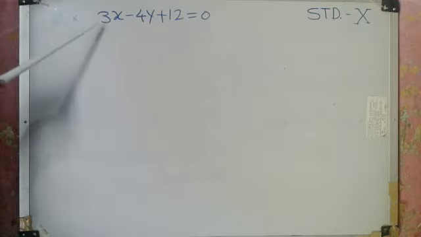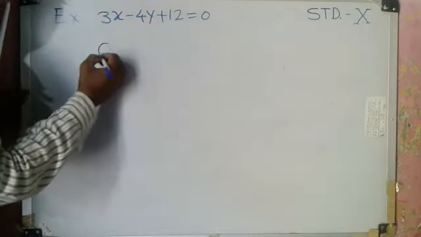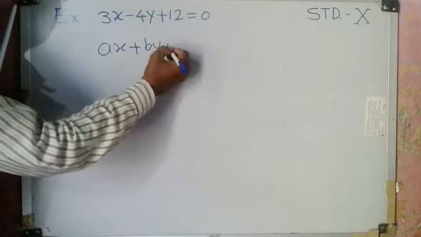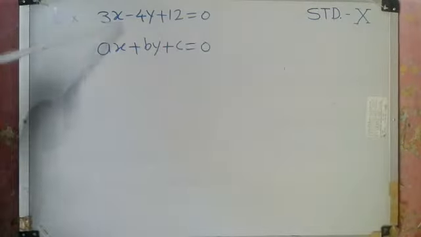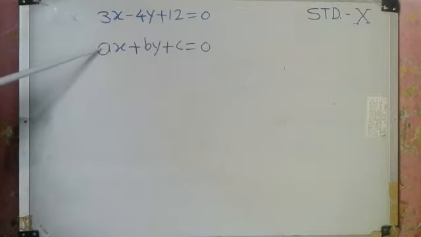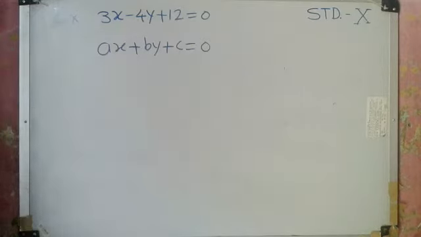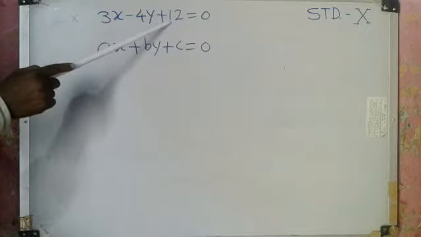That means compare this equation to ax plus by plus c is equal to 0. If you compare these two equations, here a is equal to 3, b is equal to minus 4, c is equal to 12.